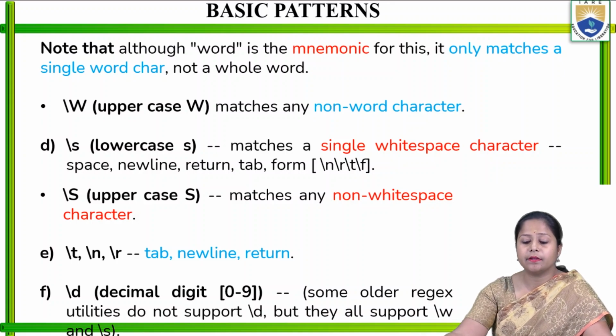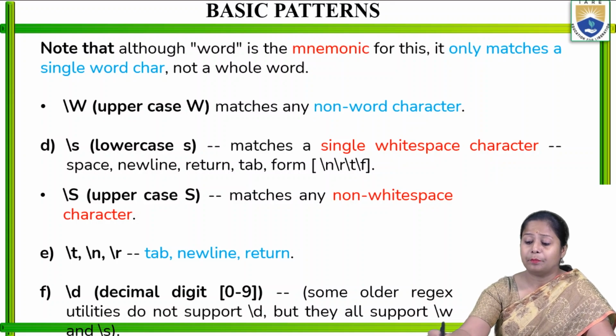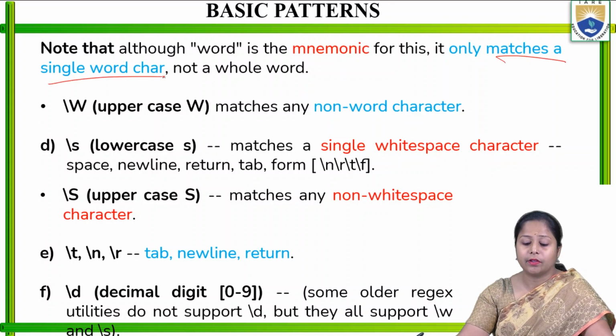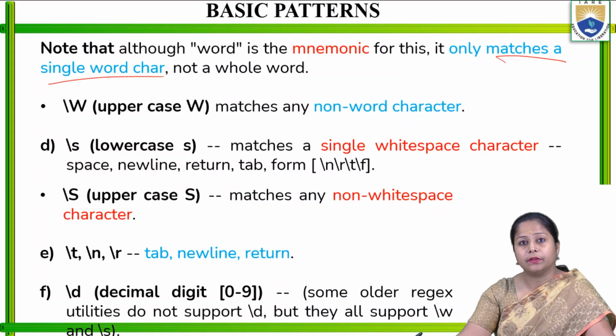Note that \w is a mnemonic for word, but it only matches a single word character, not a whole word. So for every word we need to match each character pattern. Whenever we need the opposite, we write capital \W, and whenever we need word characters we write small \w.